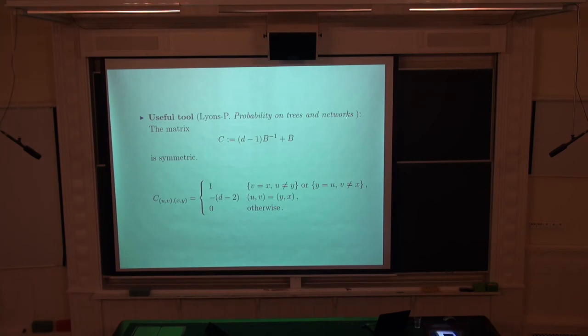This is Probability on Trees and Networks. By the way, this is available from Russ Lyons' page, and it will stay there. So we're not going to remove it even after the book is published.